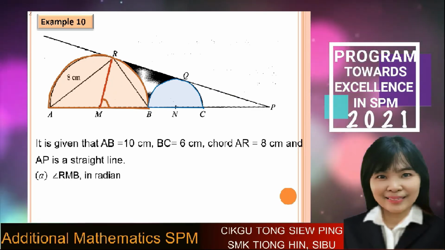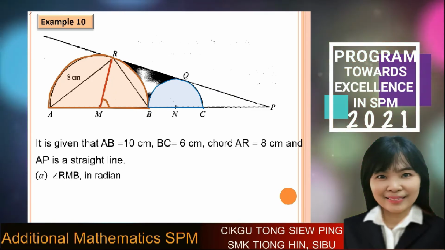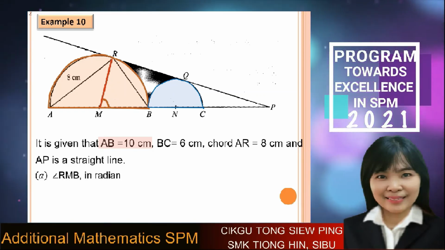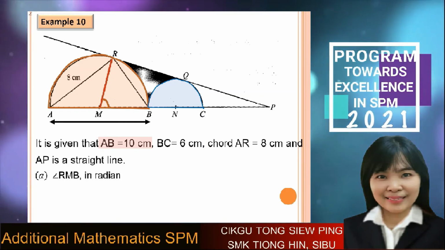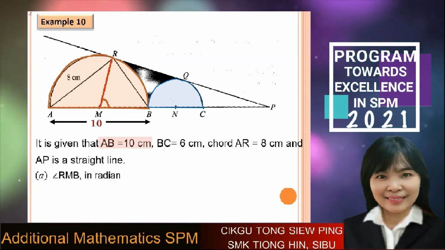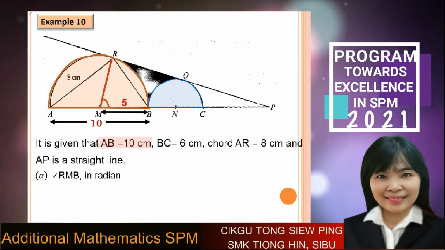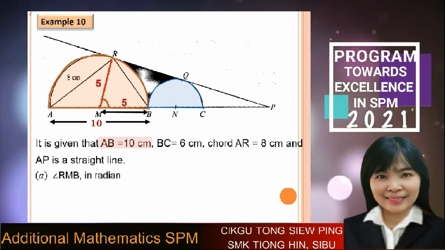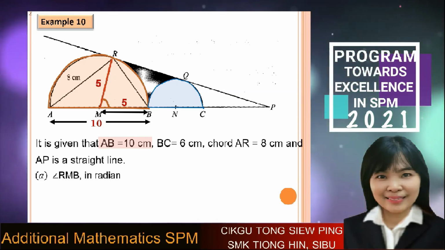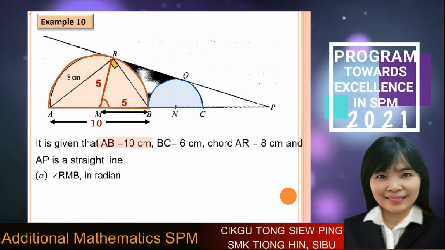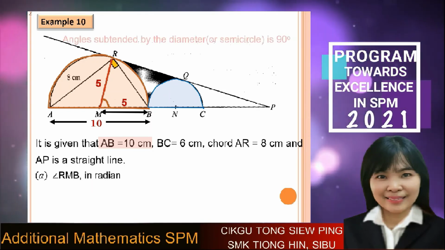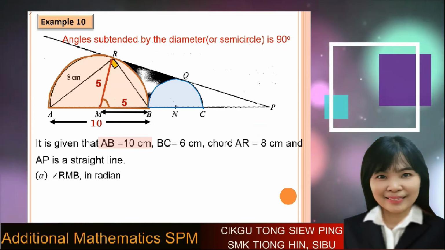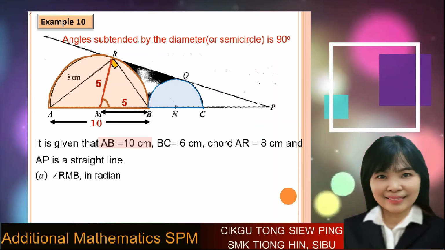From the question we know that AB is 10 cm, which means the diameter of ARB is 10 cm, then its radius is equal to 5 cm, and MR is also equal to 5 cm. The angle ARB is 90 degrees because the angle subtended by the diameter of a semicircle is 90 degrees.